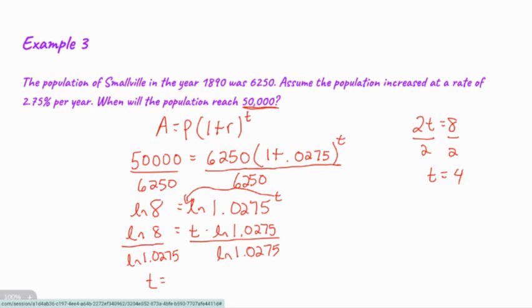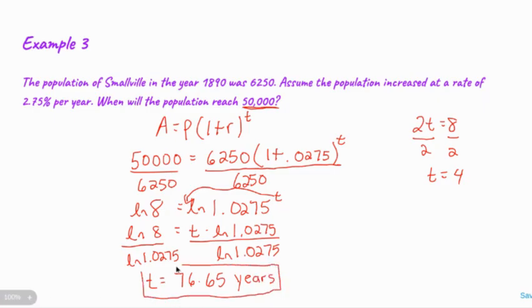So we're talking about the natural log of 8 divided by the natural log of 1.0275 is 76.65. And this is per year, so this is in years, so we can keep it as a decimal. It's going to take about close to 77 years to reach a population of 50,000, assuming it continues to grow at that rate.